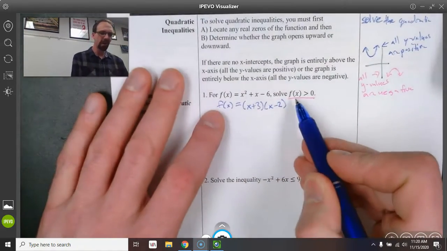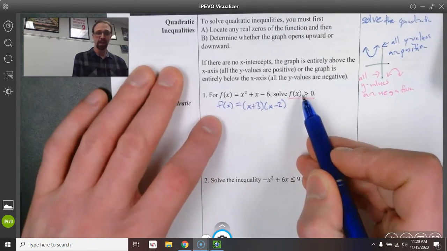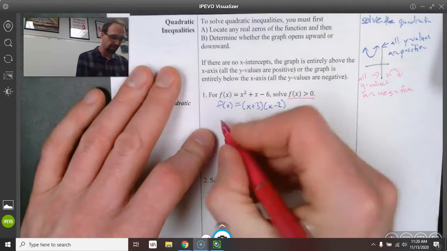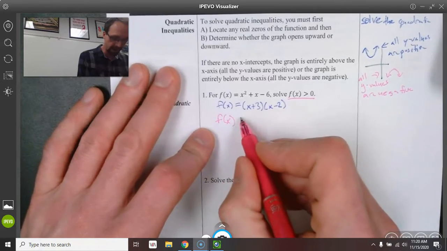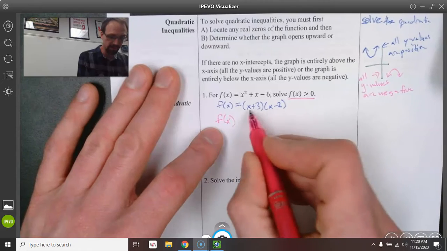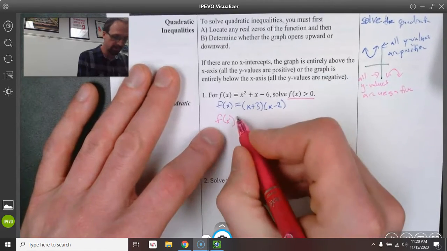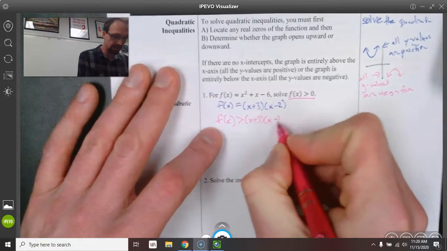And I want to know when the values of y are going to be greater than 0.